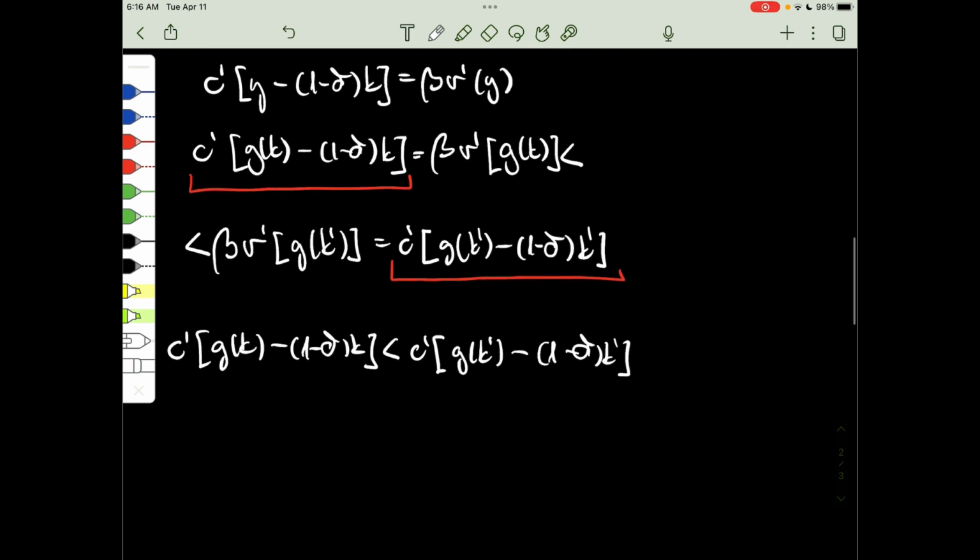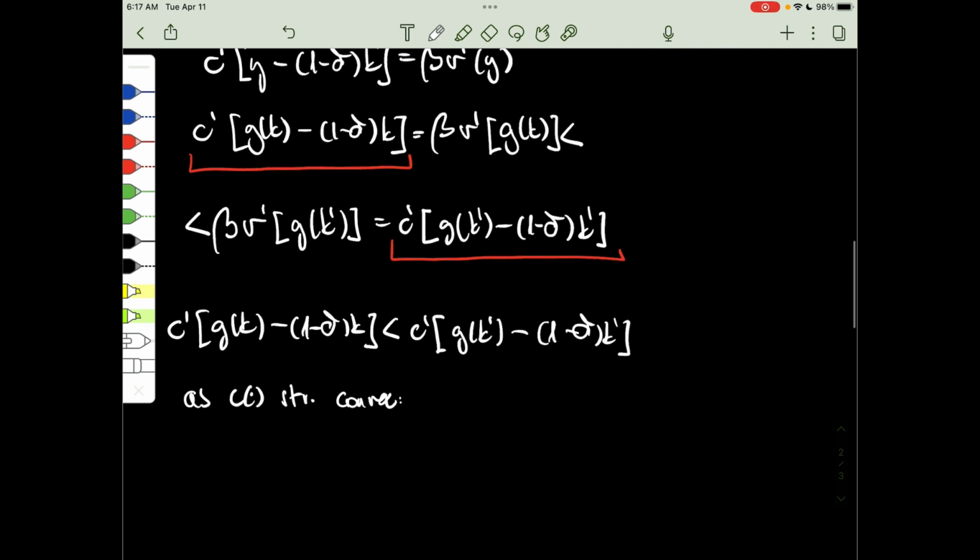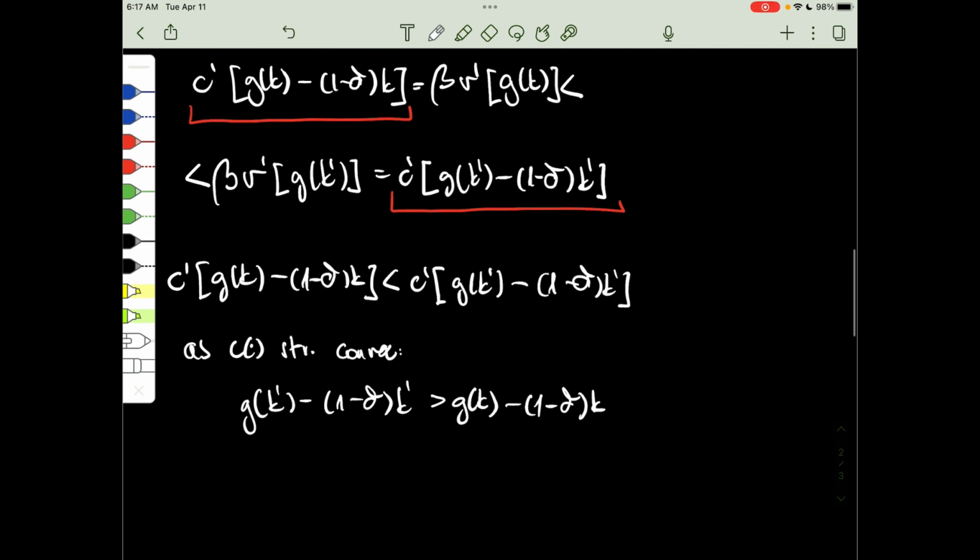from which, by the strict convexity of C, it is strictly convex. It follows that this inequality holds, and after rearranging this inequality, we get to this result.